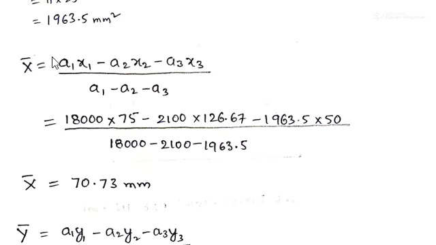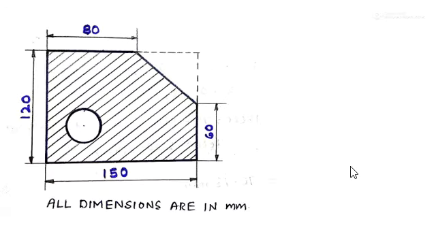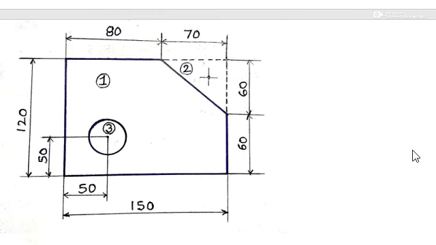But we have to take a1 x1 minus a2 x2 minus a3 x3, because if you see the given question here, this area and this area are removed. First of all, we'll divide this complex shape into simple figures.